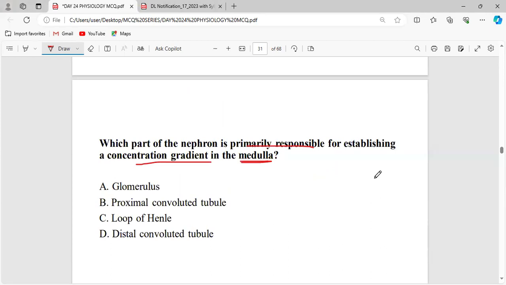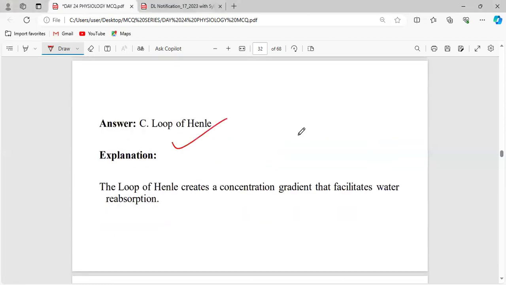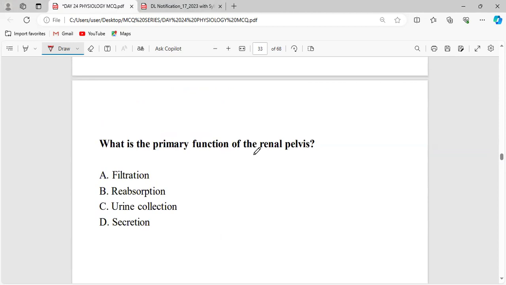Very easy question. If you remember the picture, you can easily answer the question here. Yeah, that will be the loop of Henle. This is the one that facilitates vigorous water reabsorption so that it makes the urine more concentrated.